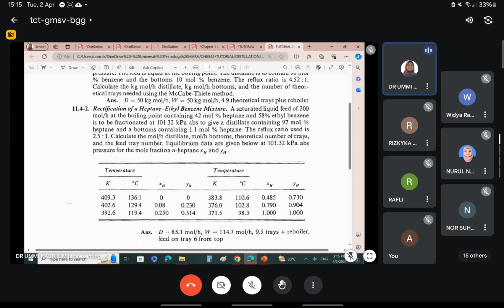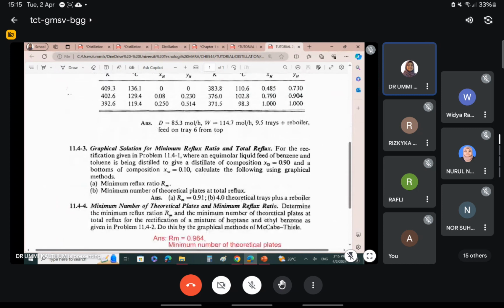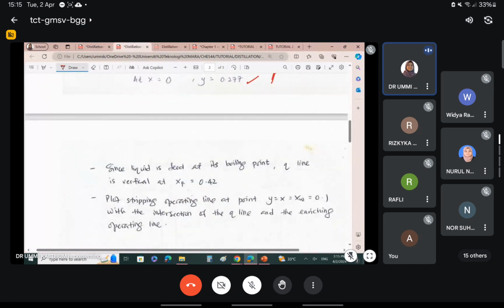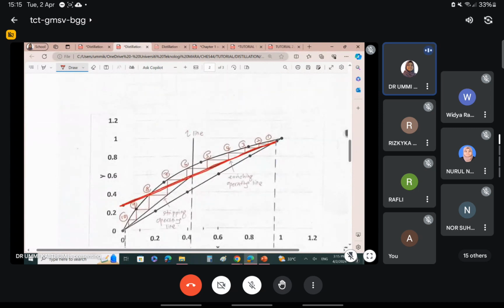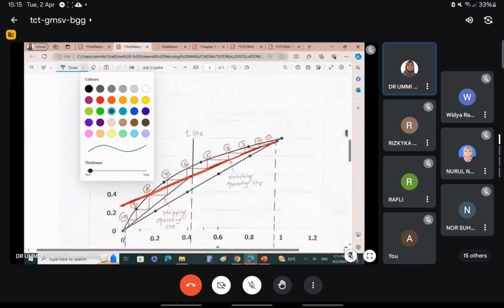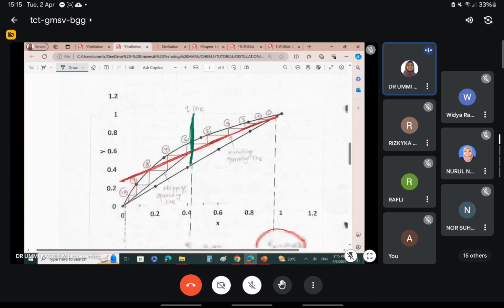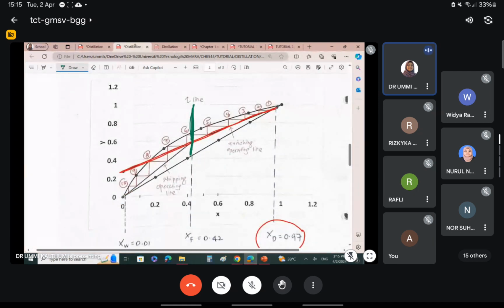Saturated liquid means it enters at its boiling point temperature. So q equal to 1 is a vertical line at XF 0.42. This is the q line, at XF equal to 0.42.